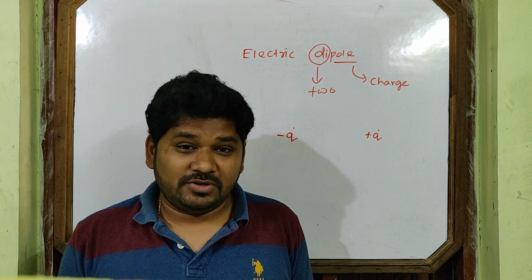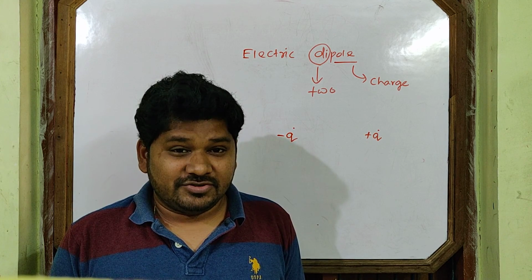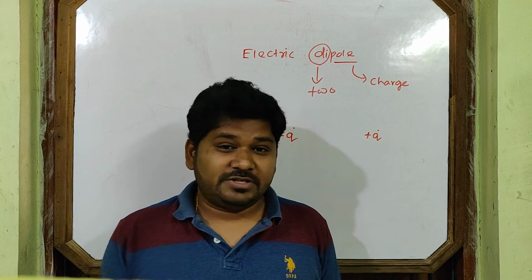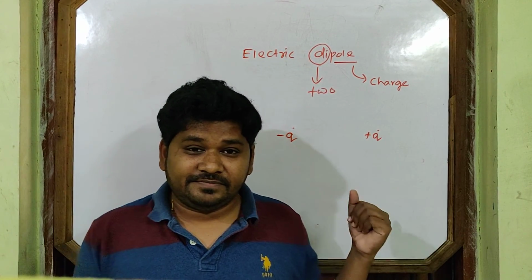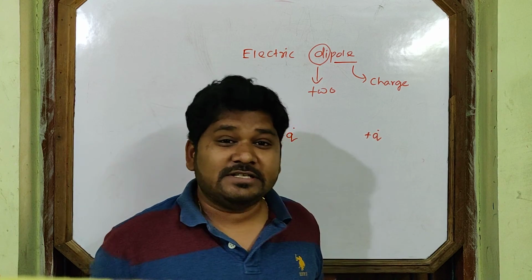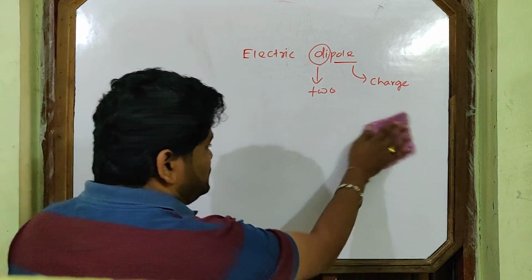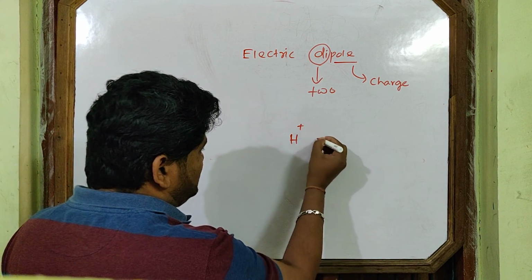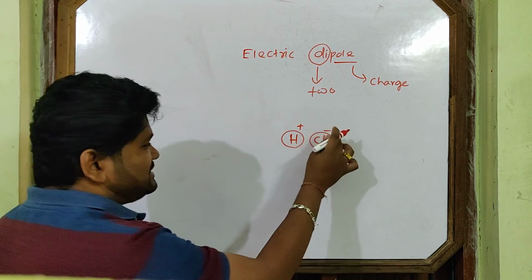What is not possible we will not discuss in physics, because physics is just the representation of the laws of nature. So if it is possible, where is it possible? Now let us come to the practical possibility, where this dipole is present in our day-to-day life. Take one molecule, HCl, H plus, Cl minus. H is plus charge, Cl is minus charge.